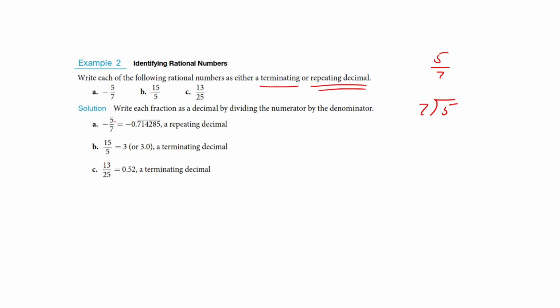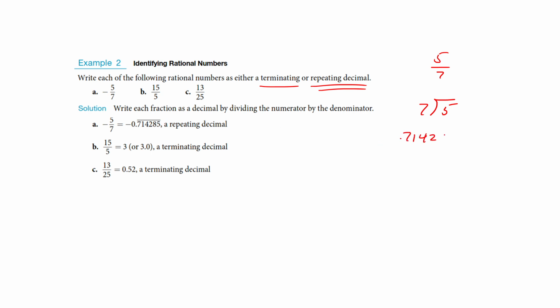So if I did -5/7, if I divided 7 into 5, now I'm not going to do this. If I were doing this in class, it'd be fine to use your calculator. You don't have to do long division. But if I divided these, I get this. Well, I'm assuming by the line they've put here, 714285, if we divided this again, it actually all repeats.